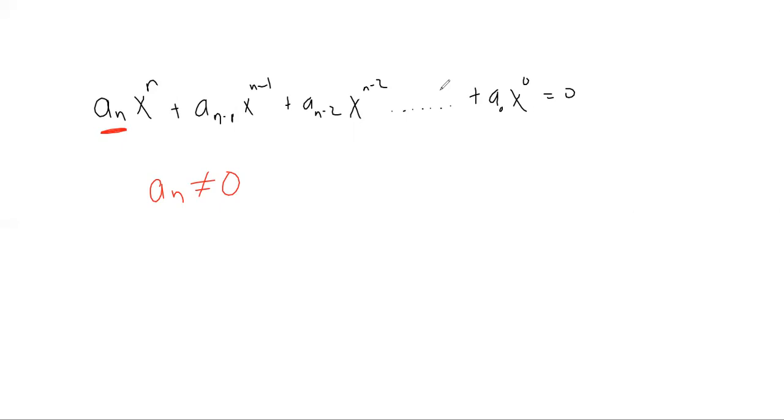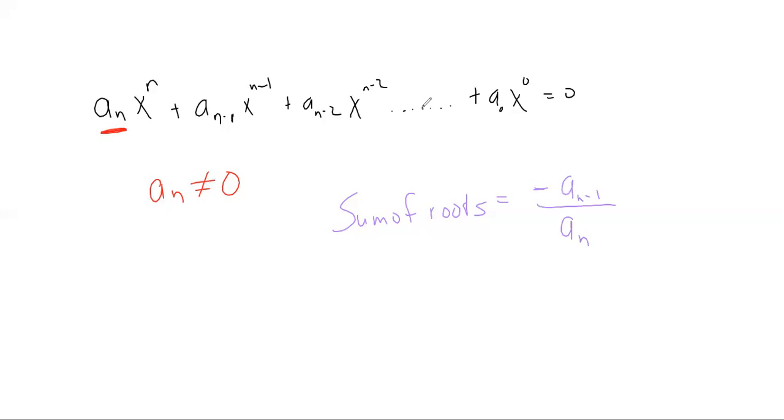All right, what they're going to tell you now is to find the sum of the roots. Well, the sum of the roots is equal to negative a to the n minus 1 over a to the n. And you're going, what does that all say?